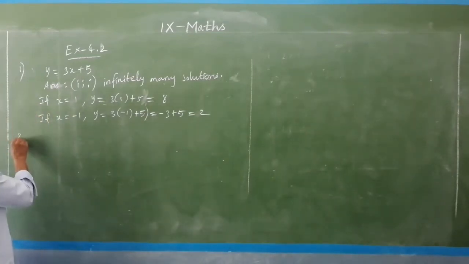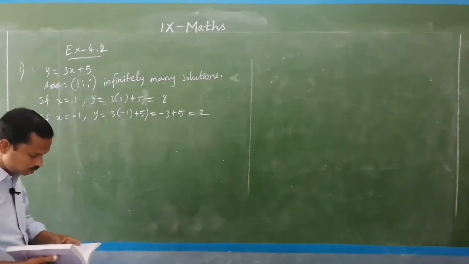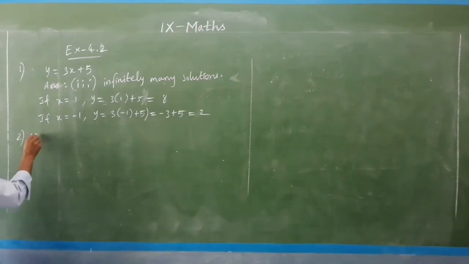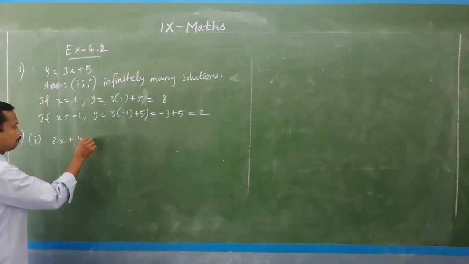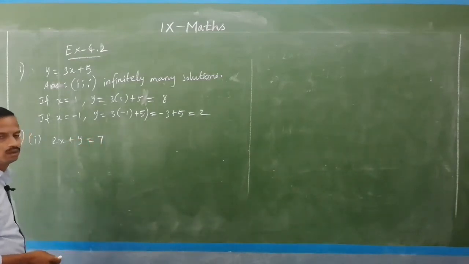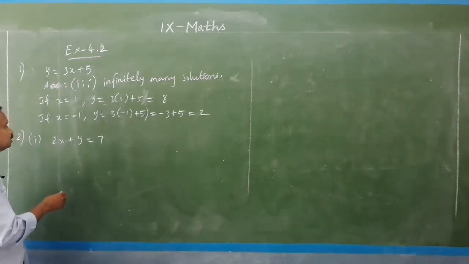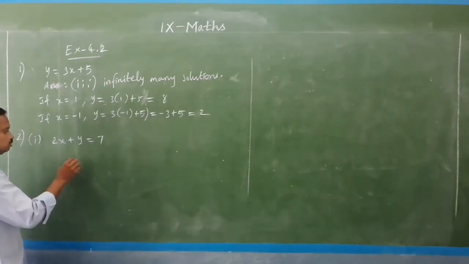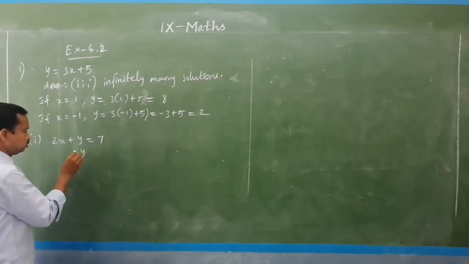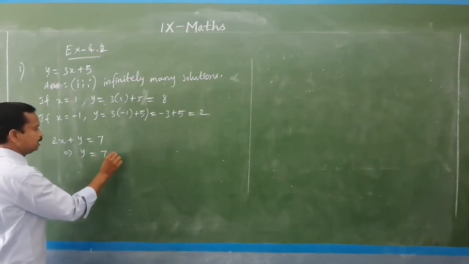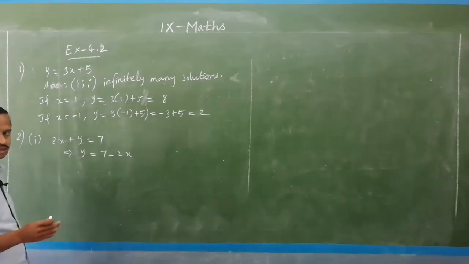Clear? And coming to question number 2: write 4 solutions for each of the following equations. First option, the given equation 2x plus y equal to 7. If you want to find 4 values, this implies y equal to 7 minus 2x, changing it just by transposing the side.